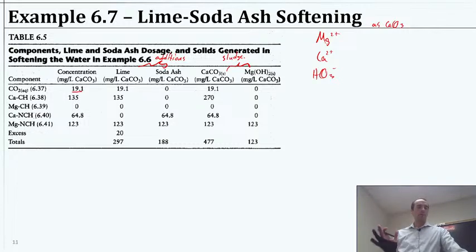I see another mistake that I made is to just consider, okay, how much did we add? That answered part A, how much stuff we add concentration-wise, but we actually have to convert it, because we're making calcium carbonate sludge and we're making magnesium hydroxide sludge. So we need to calculate according to those in order to get the actual mass of sludge there.